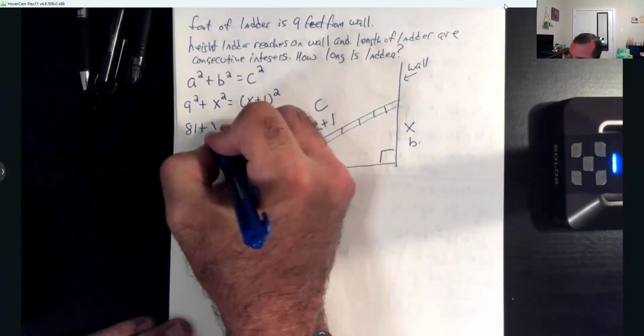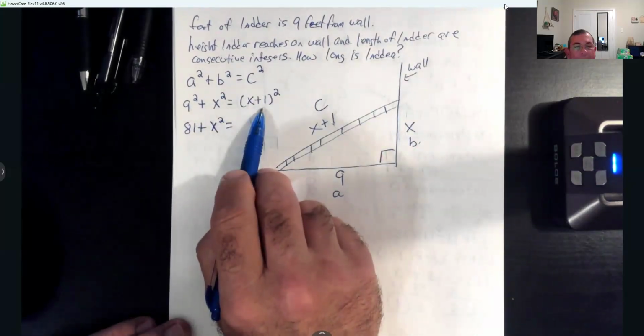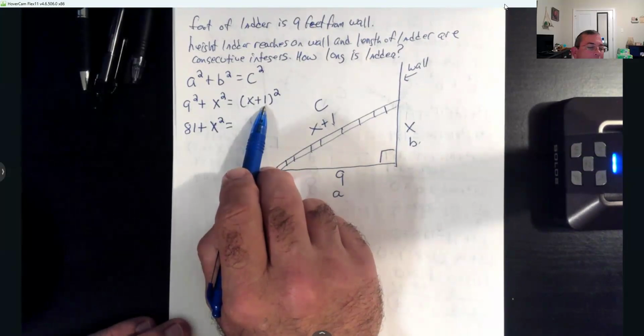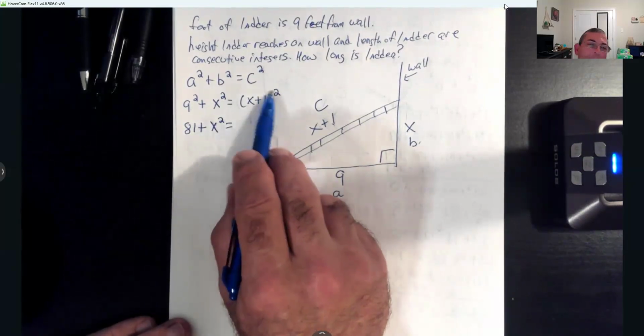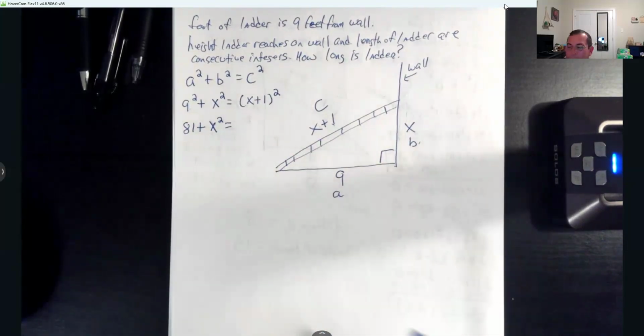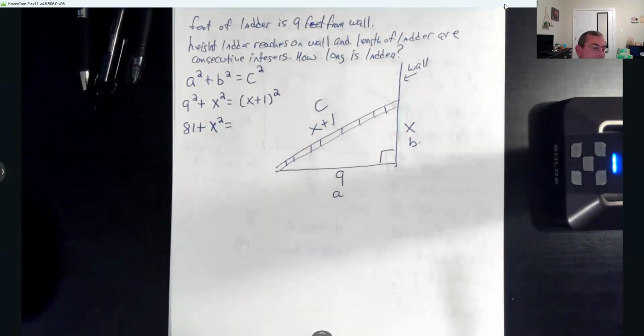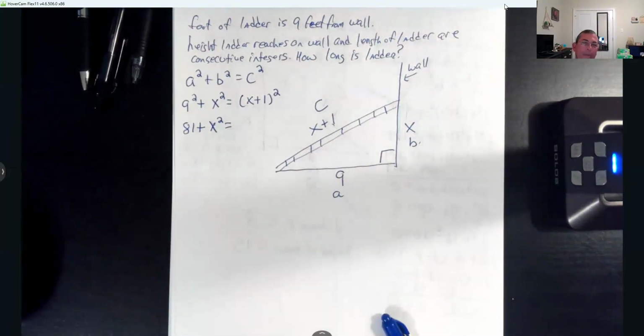Plus, can't do nothing with that x squared at the moment. But y'all, that is an x squared. So FOIL that out and tell me what I would put right here. So I'll give y'all a little bit of time to actually FOIL that out and tell me what I'm putting right there. Oh, that's quick. X squared plus 2x plus 1.